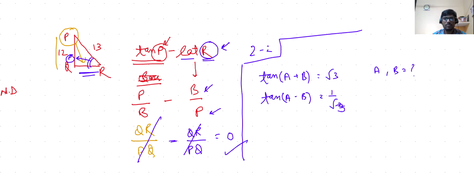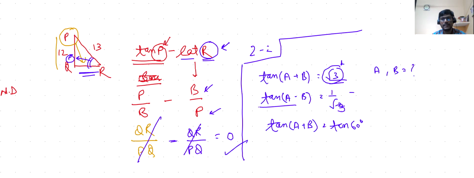Root 3 comes at tan 60 degree, so A plus B is 60 degree. Same case, 1 upon root 3 comes at tan 30 degree, so A minus B is 30 degree.